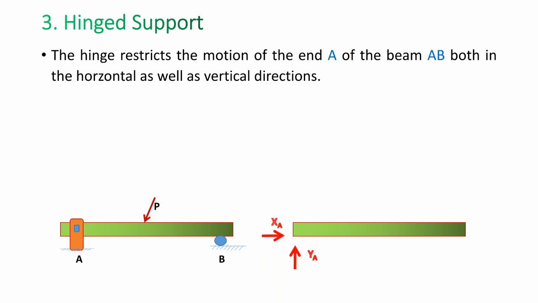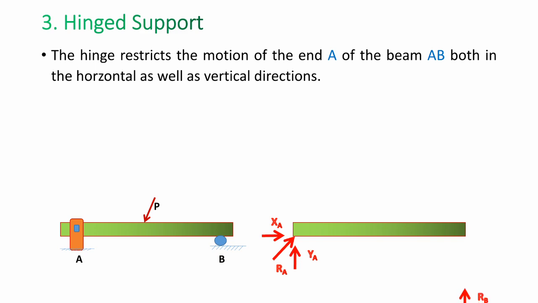And similarly there is an x component, the force in the x direction, also because of the force P. Then there are the reaction forces I have shown. Because these two components, the x component and y component, are acting at the same point, we can say a resultant is generated there. That is unknown in direction, as we have shown.